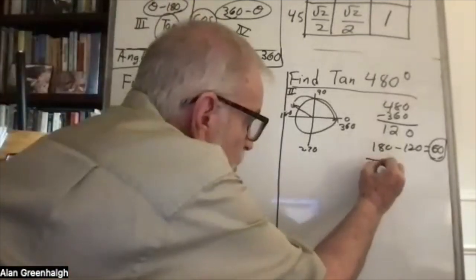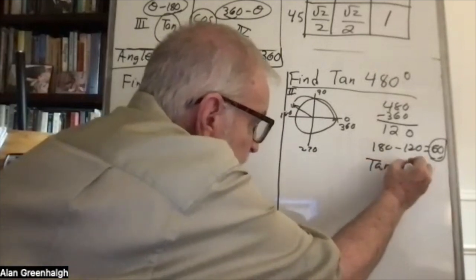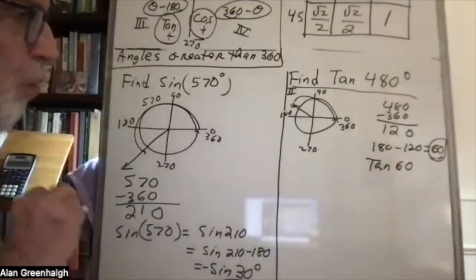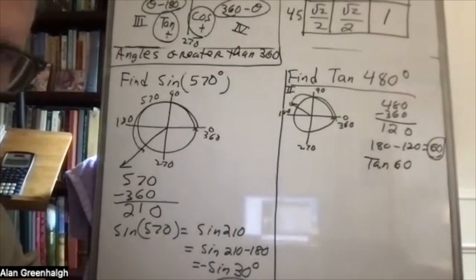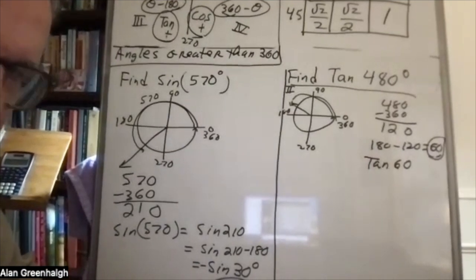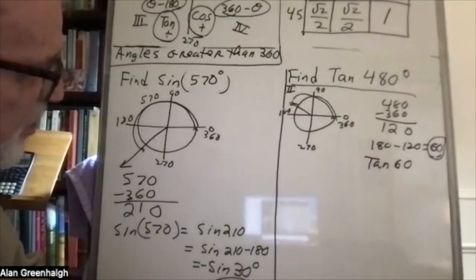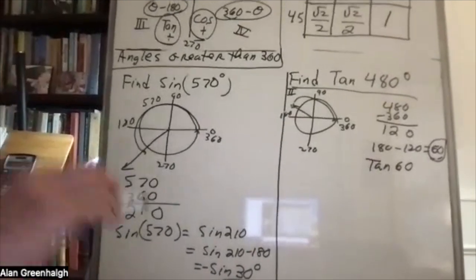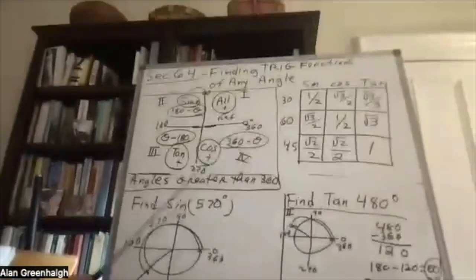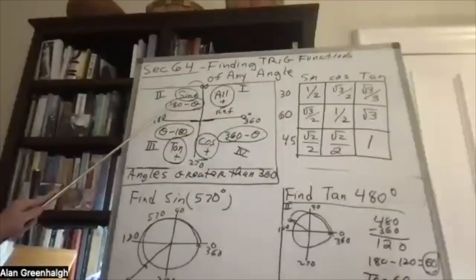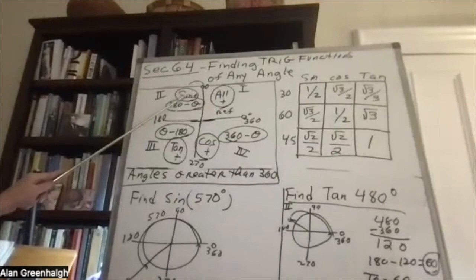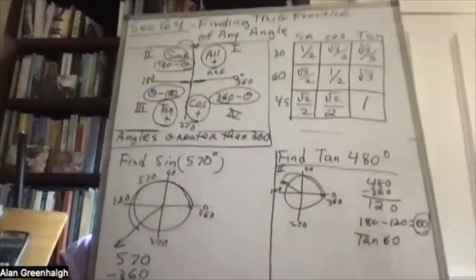So we're looking for the tangent of 60 degrees, but it's the second quadrant. Is the tangent positive or negative in the second quadrant? If you look at the chart up here, in the second quadrant only the sine is positive, so the tangent is negative.